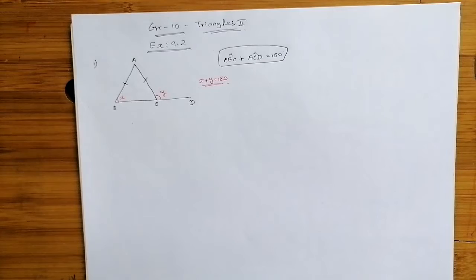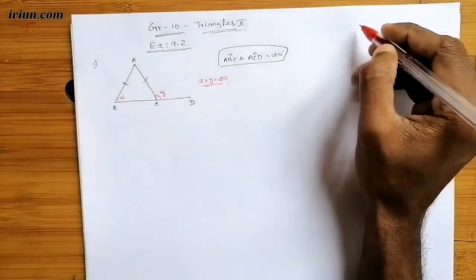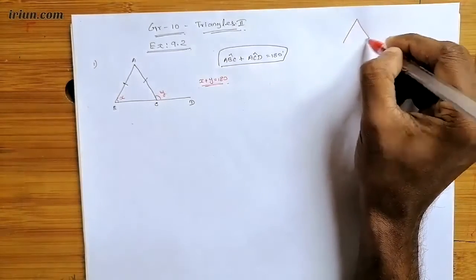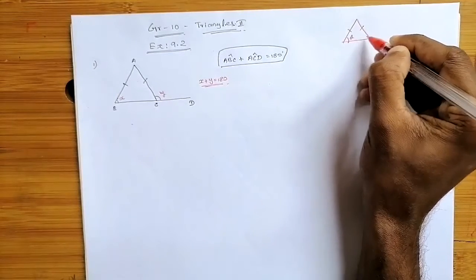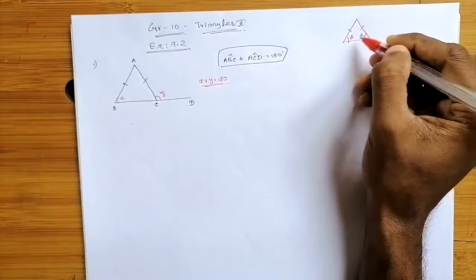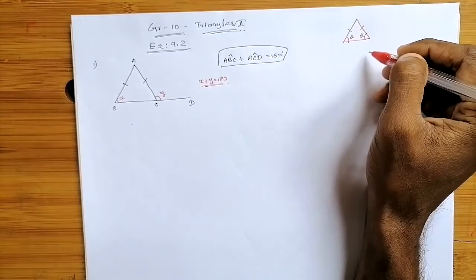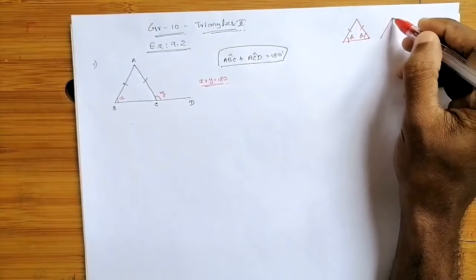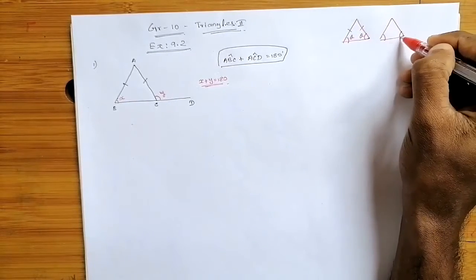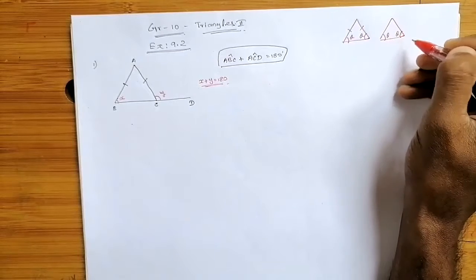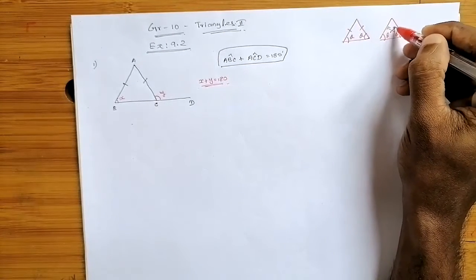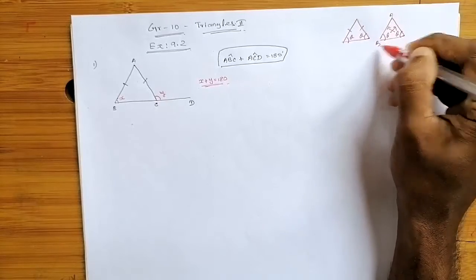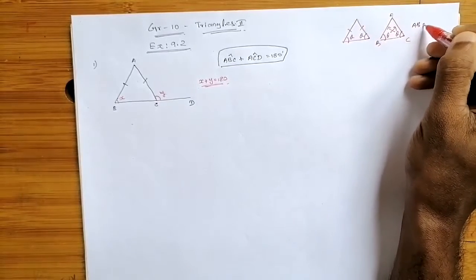Okay, what is the connection? The theory we are studying in triangles: if an isosceles triangle is given, the angles opposite to equal sides are equal. And then the reverse theory: if two angles are equal in a triangle, the opposite sides are equal. So AB equals AC.